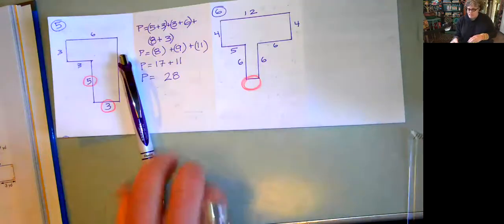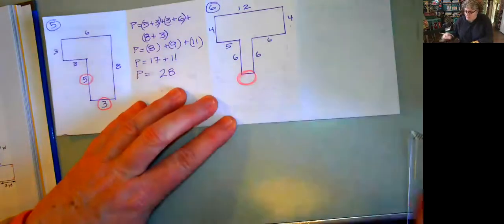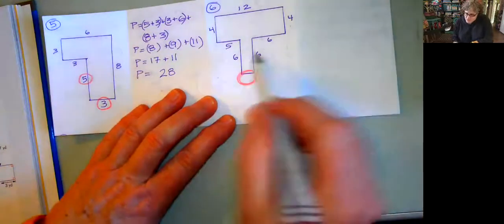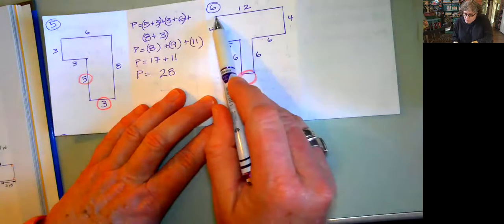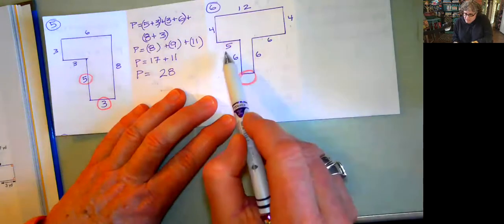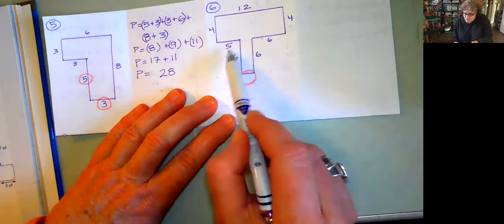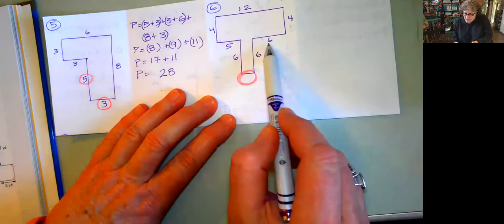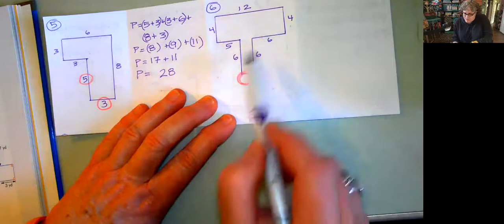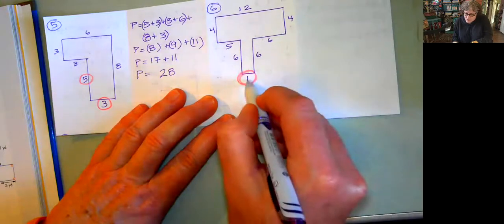I'm just using my colored pencil to highlight what we don't know. So if I know that this total length is 12, and this part is 5, and this part is 6, and 5 plus 6 is 11, I can take 12 minus 11, and that's going to tell me that this is 1.